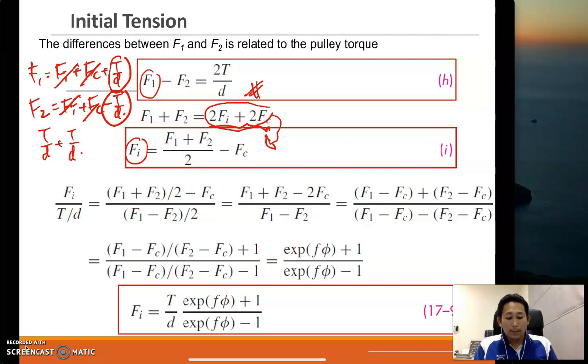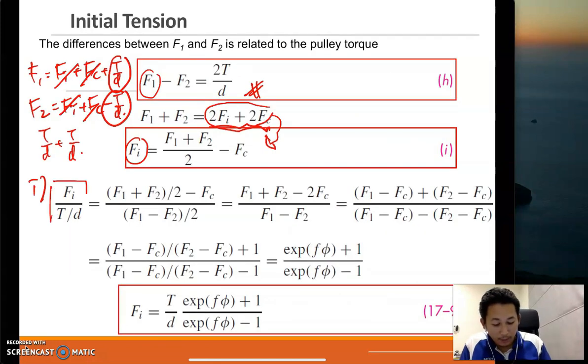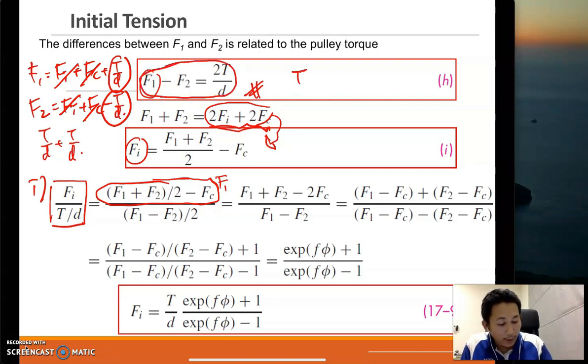So from this, we get T over D equals F1 minus F2 over 2.